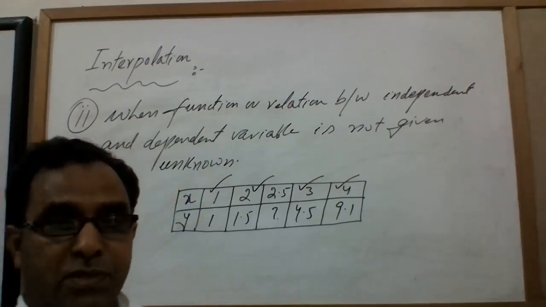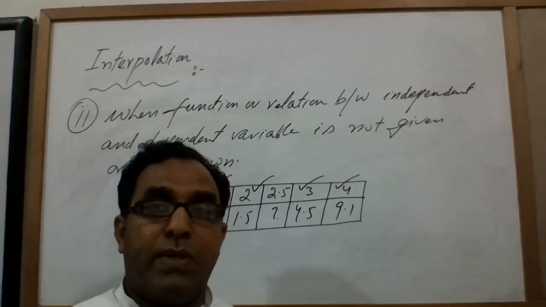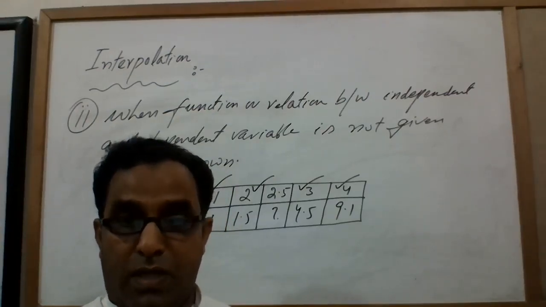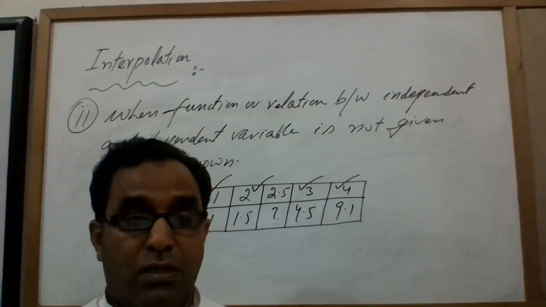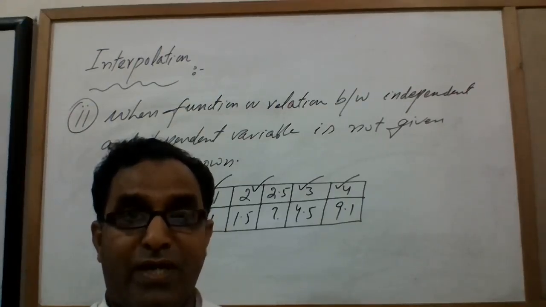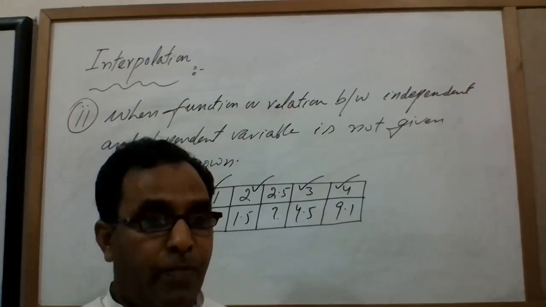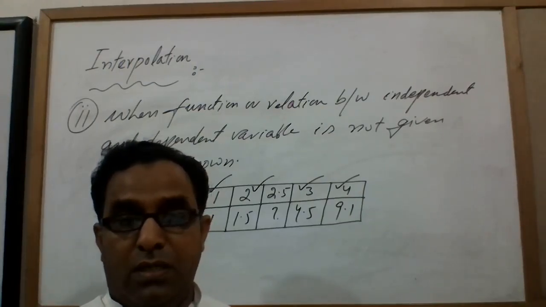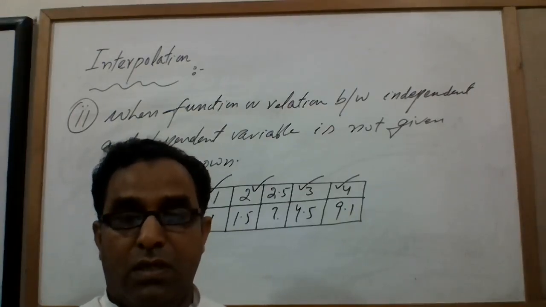So if we want to find the value of the dependent variable for any desired value of the independent variable, that is any value of x, in that case we cannot find the value of y for any value which is not given exactly in the table.